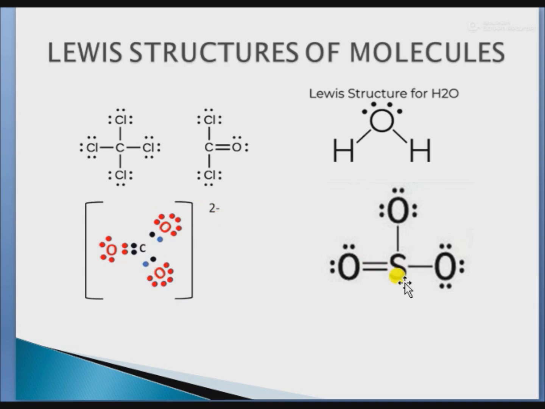And in case of SO3, S forms double bond with 1 oxygen, and with other 2 oxygen it forms single bonds, and the lone pairs of oxygen are shown by the dots. And these are some examples of Lewis structure of molecules.